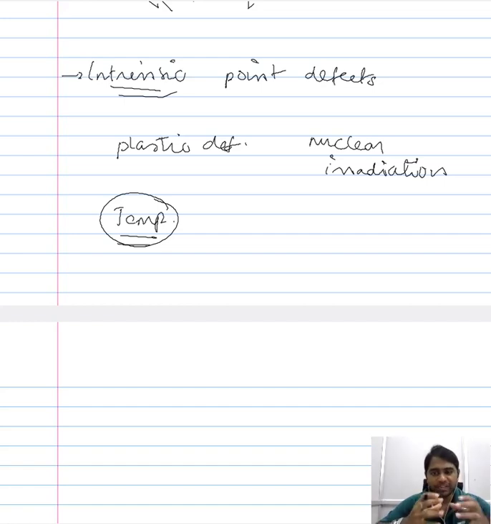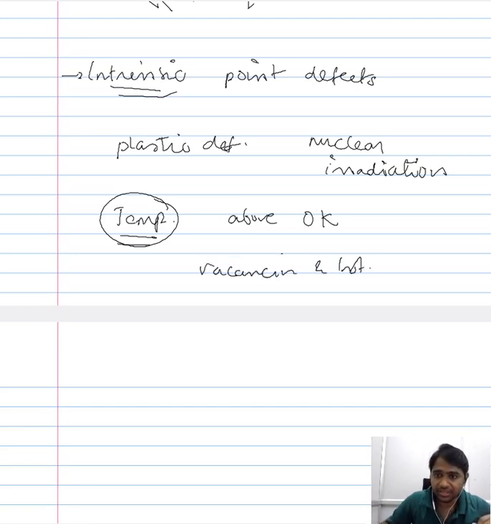Moreover, it is stated that at any temperature above absolute zero, so any temperature above 0 Kelvin, we would have a stable amount, or an equilibrium composition, of these point defects. So when you have a temperature beyond absolute zero, there is a stable concentration of these point defects, that is, the vacancies and interstitial atoms that are possible within the system.